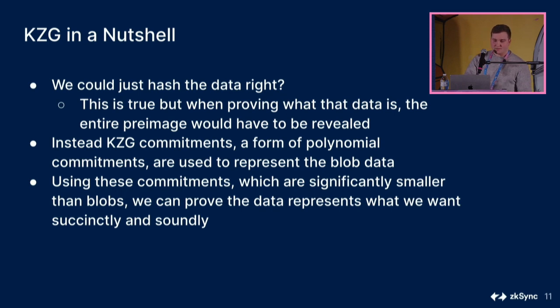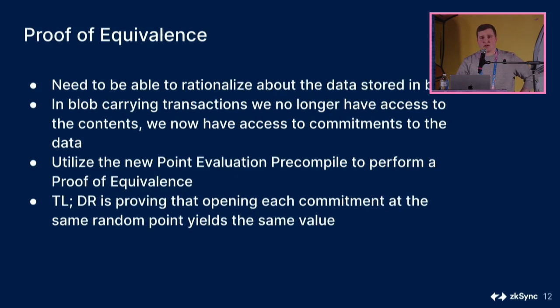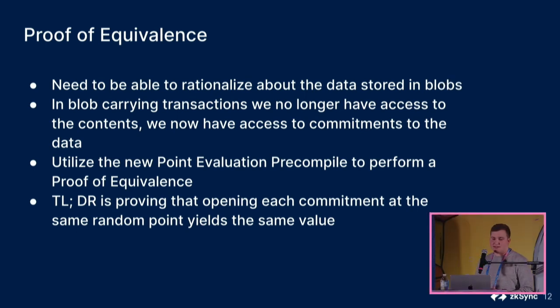And so I spoke about how we take the KZG commitment and how we are able to prove what data it is, and this is done through a proof of equivalence. With the proof of equivalence, on-chain, we're able to take the version hash from the execution payload.